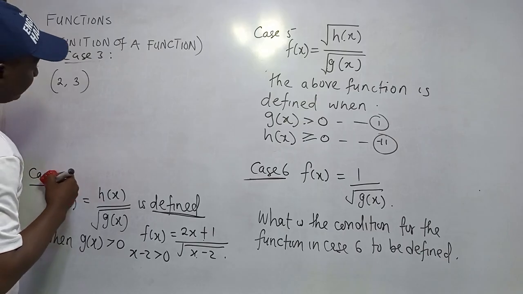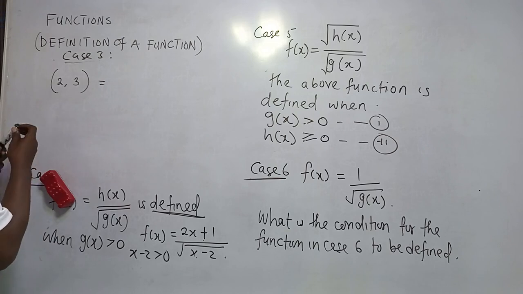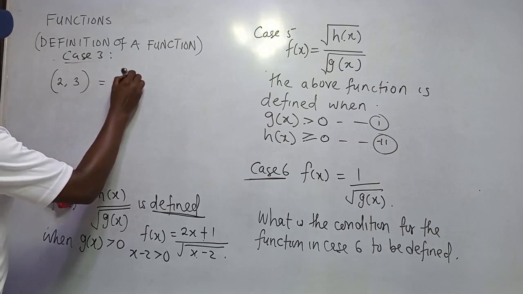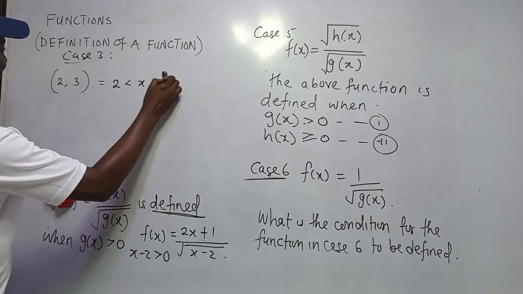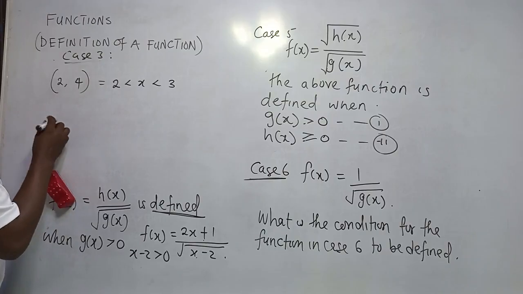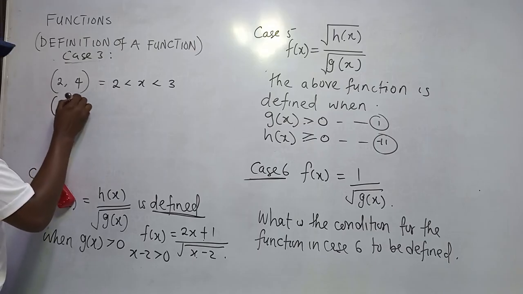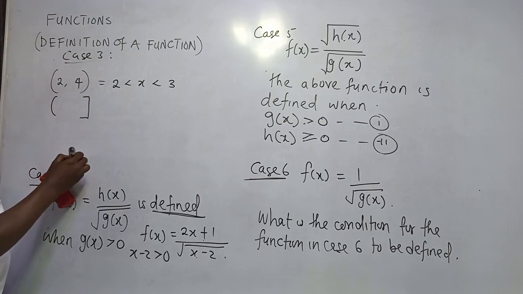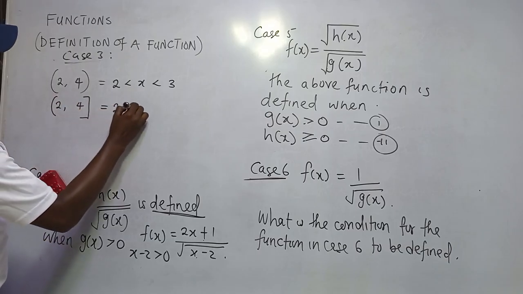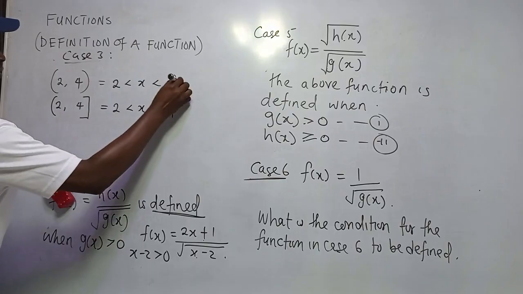If I give you 2,3, for instance, this one is an open bracket. In function, we can interpret it as 2 less than s, less than 3, or let me put 4 there, meaning that the interval, this is an open bracket, this is half closed. If I give you 2,4, it means 2 less than s, less than or equal to 4.